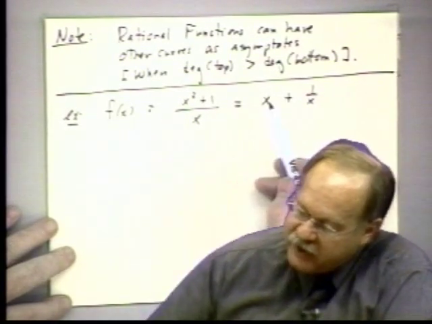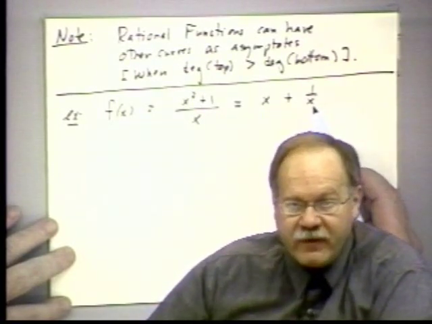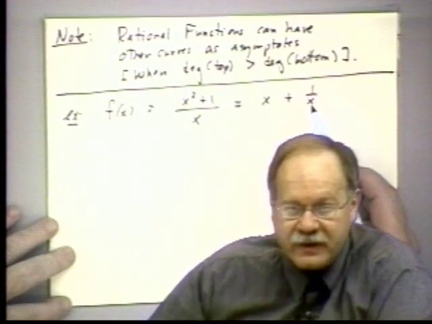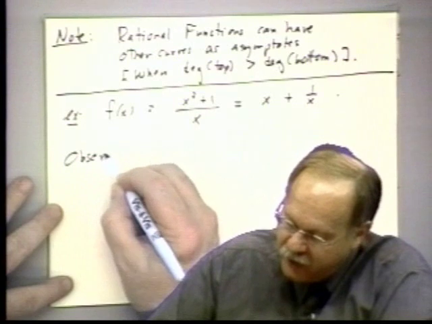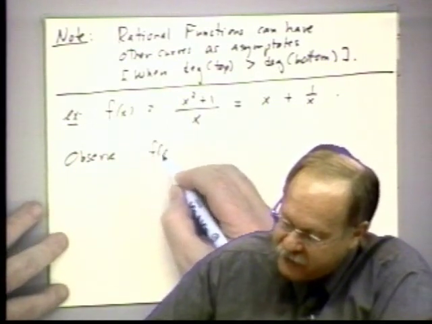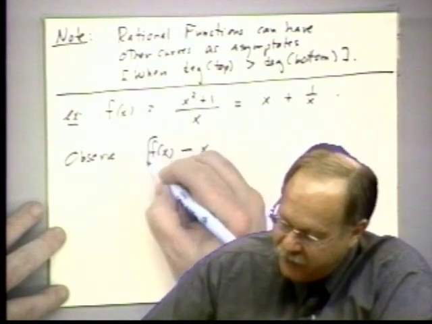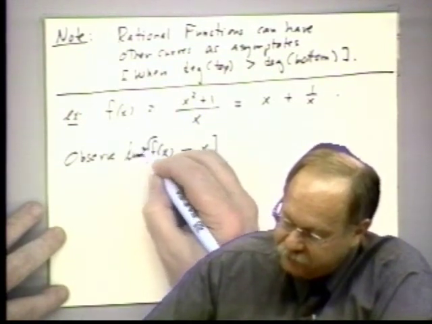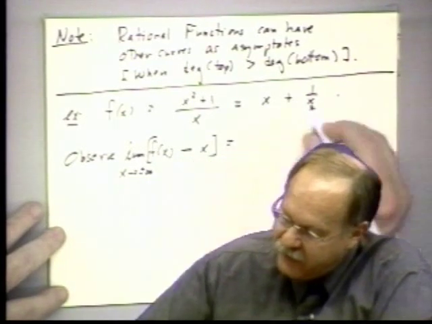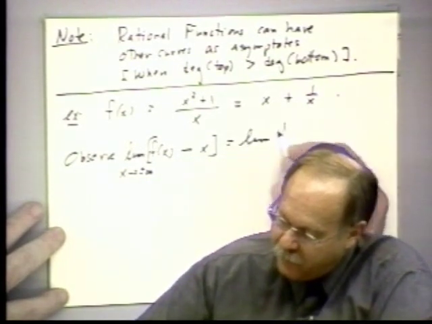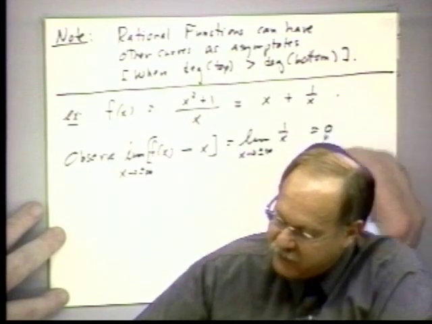So f of x is basically the x function, because as x gets very, very large, the 1 over x part becomes negligible. Now to make that argument a little more secure, observe that if I take f of x and move this x to the other side and I look at f of x minus x, and I take the limit as x goes to either one of the infinities, then that's equal to the limit of 1 over x as x goes to either infinity, and that of course is 0.